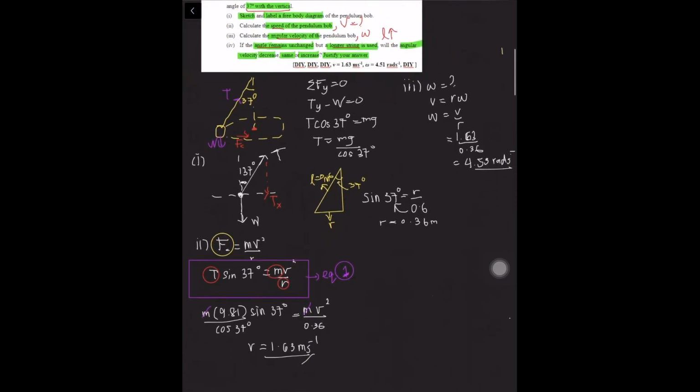If the angle remains unchanged but a longer string is used, will the angular velocity decrease, stay the same, or increase? Justify your answer. Now the angle is constant but a longer string is used, so L is increasing. What will happen to the angular velocity? Look at what will be affected if the string used is longer.